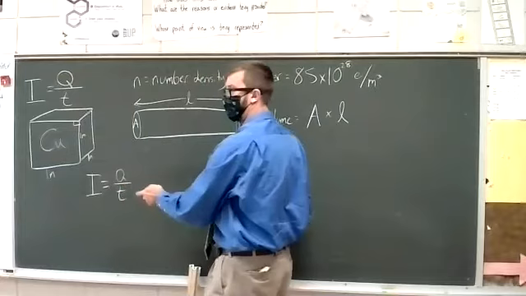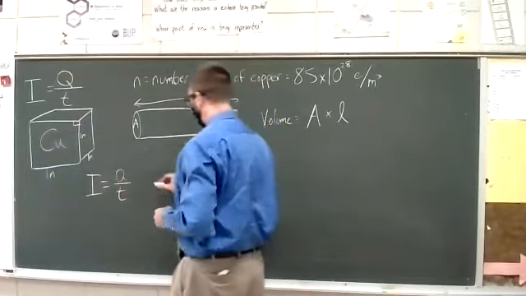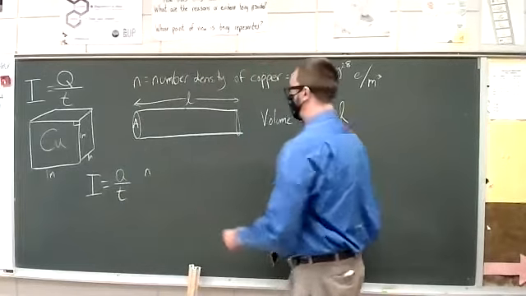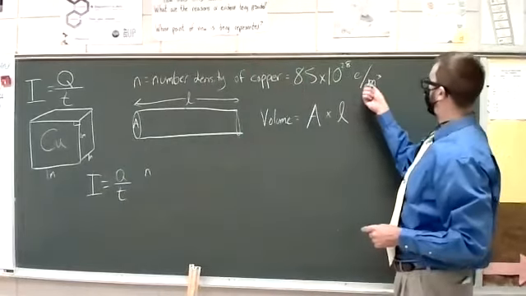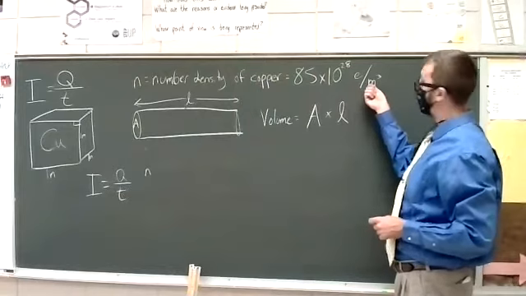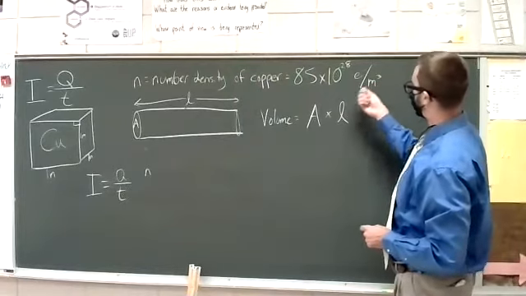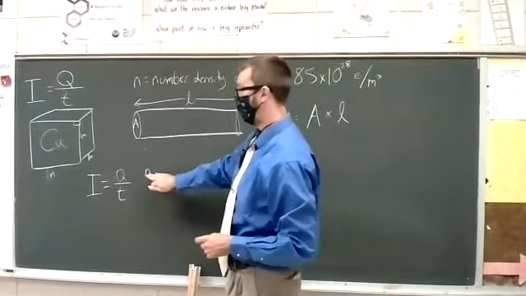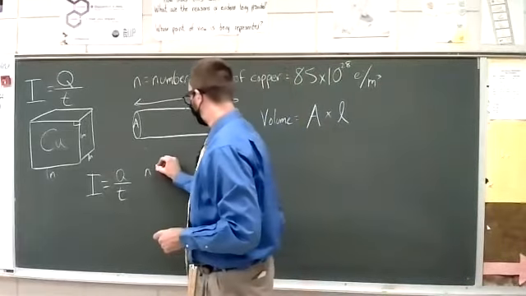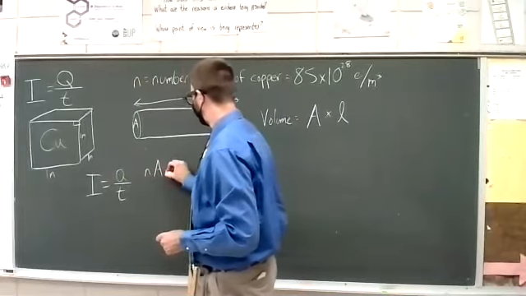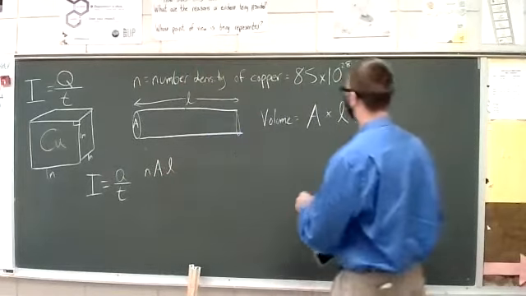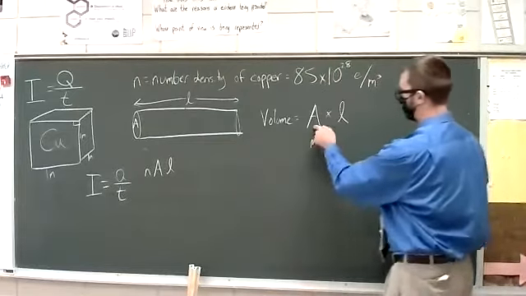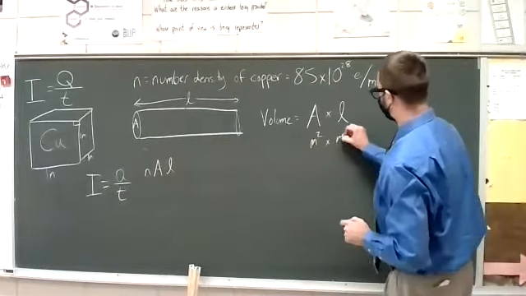And we'll say, where are these charges coming from? They're coming from my metal, my copper, which has number density n. But this is telling me the number of electrons per cubic meter. So I need to cancel out this cubic meter by multiplying it by the volume. So this is number per cubic meter. When I multiply it by area times length, this is meters squared of area times meters of length.